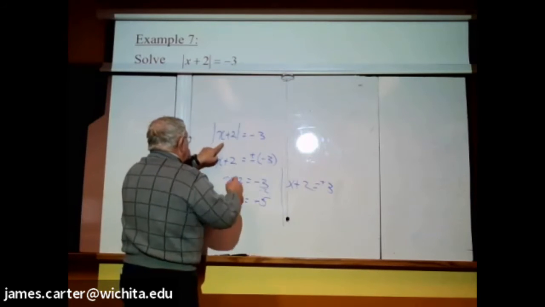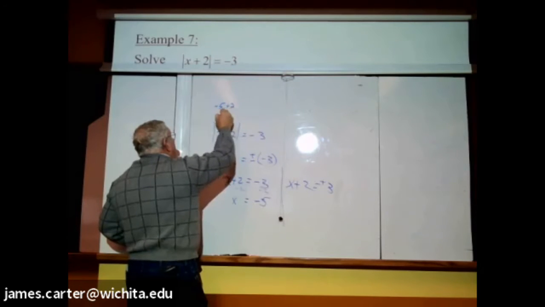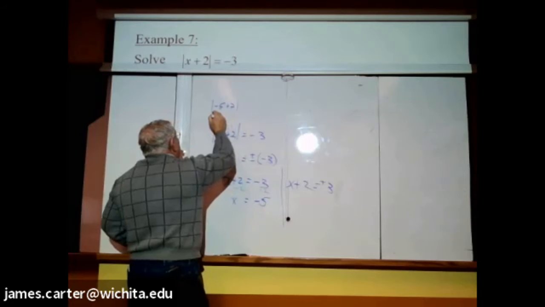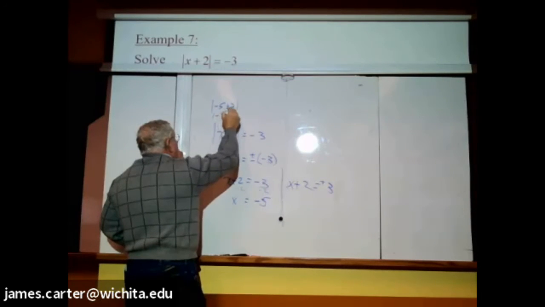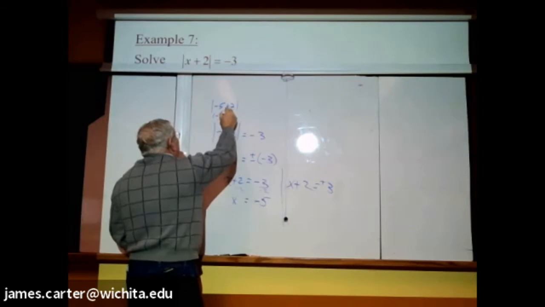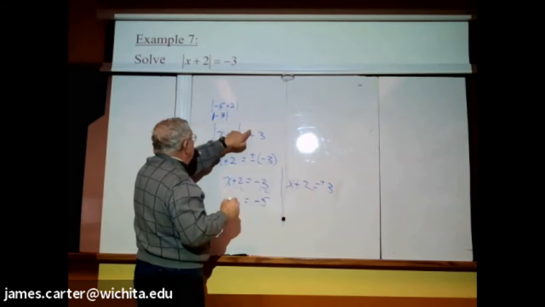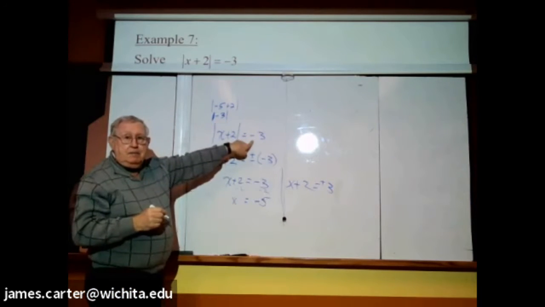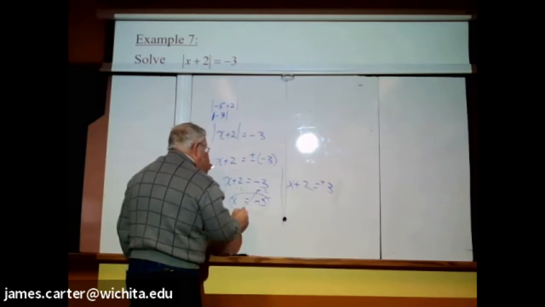Now, let's check this. Negative 5 plus 2 is negative 3. Absolute value of that. But the absolute value of negative 3 is positive 3. So this can't be true. So that one can't be true.